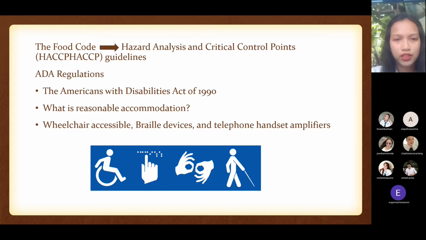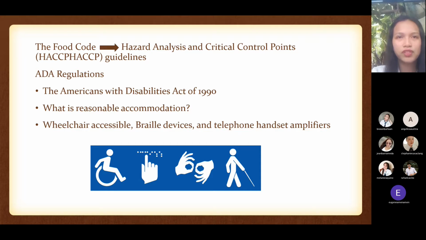What is reasonable accommodation? Reasonable accommodation is an adjustment made to a system to accommodate or make fair the same system for an individual based on a proven need. That need can vary.